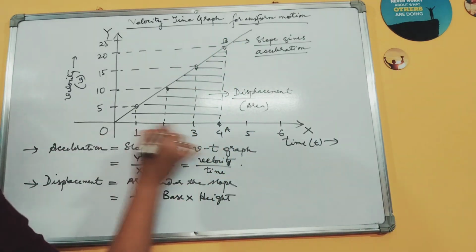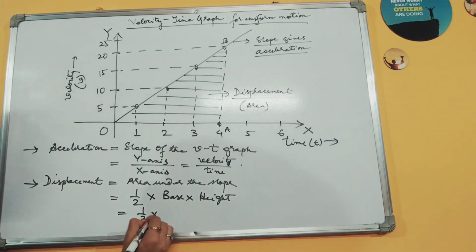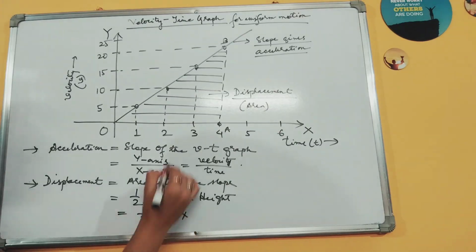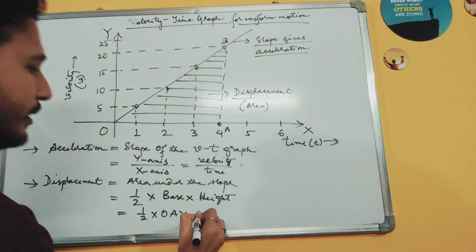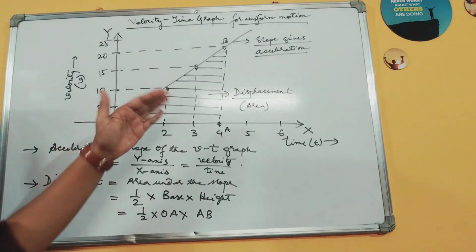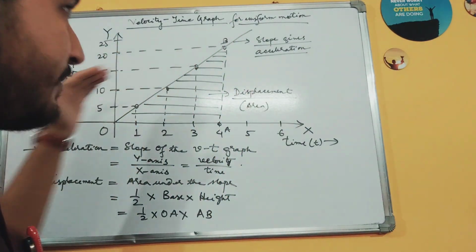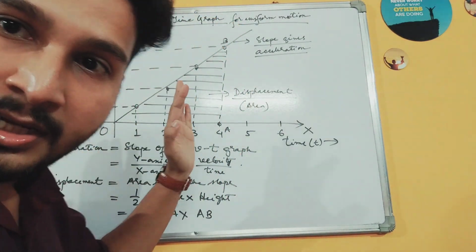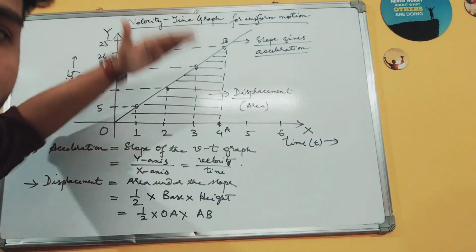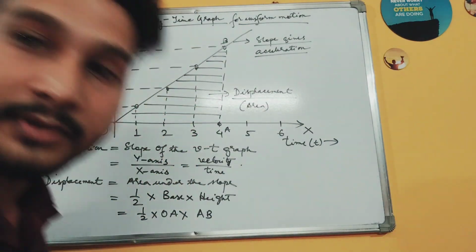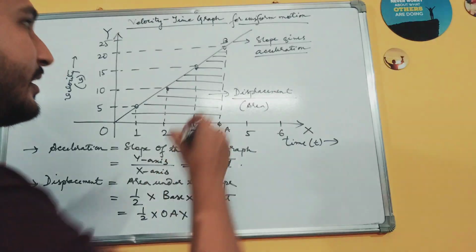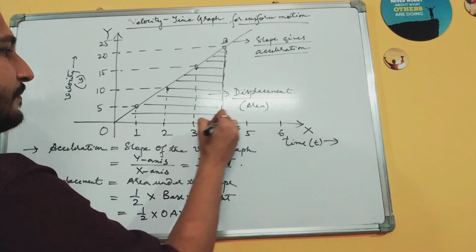Point B. So half into OA into AB. That will give you the displacement. तो याद रखना, the slope from the velocity time graph will give you the acceleration, and the area under the slope of the velocity time graph will give you the displacement. याद रखना ये दो चीजें.